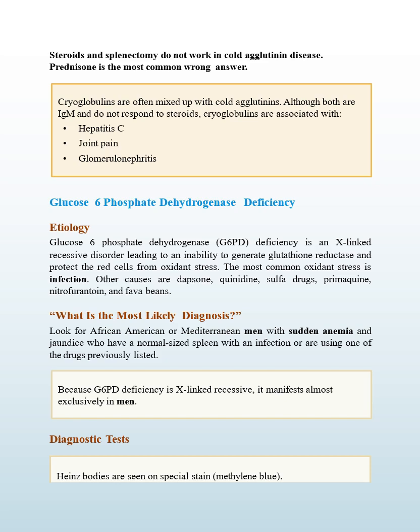Next clinical tip is that cryoglobulins are often mixed with cold agglutinins. Although both are IgM, they do not respond to steroids. Cryoglobulins are associated with 1, hepatitis C, 2, joint pain, 3, glomerulonephritis.